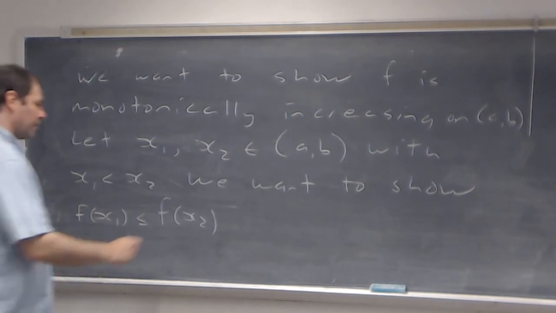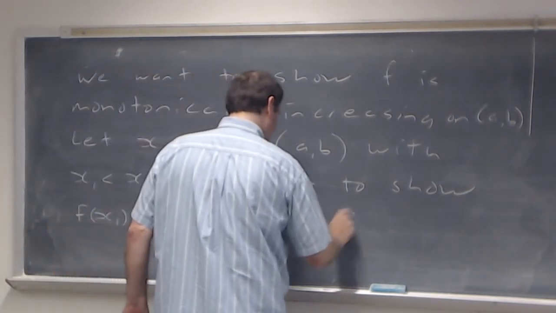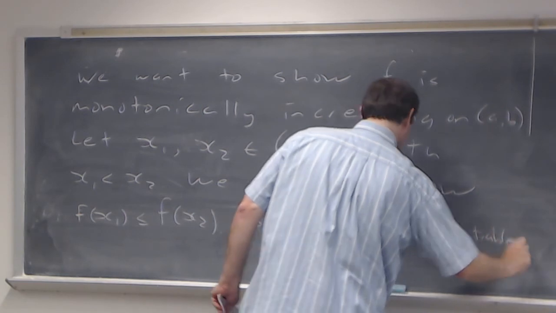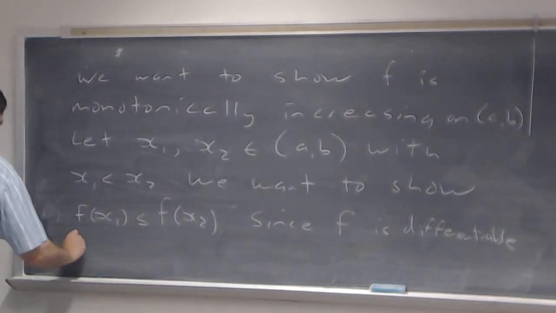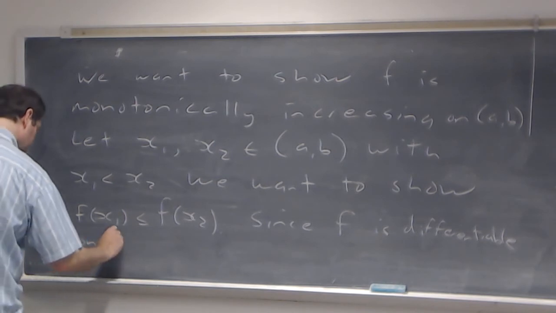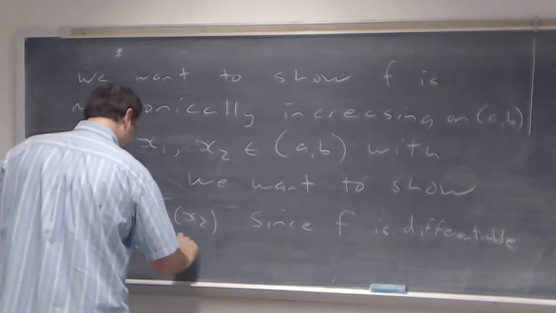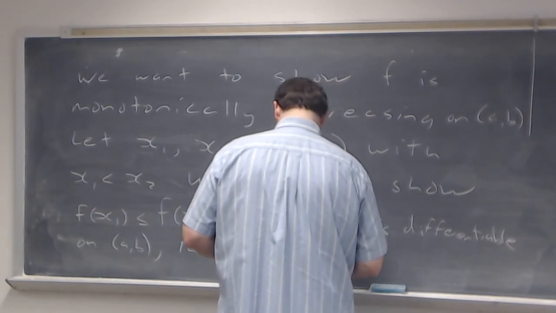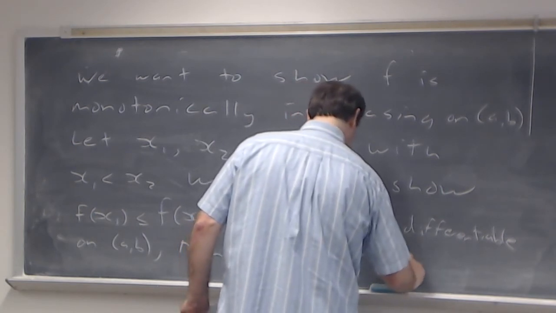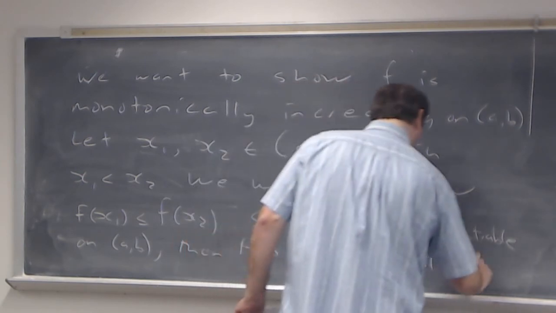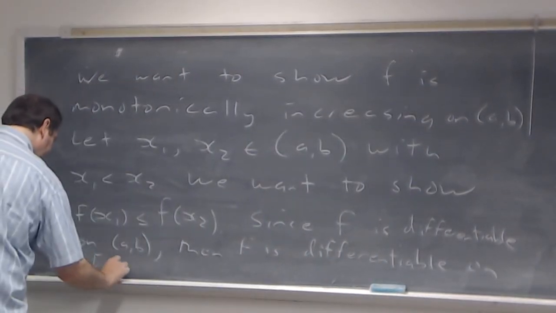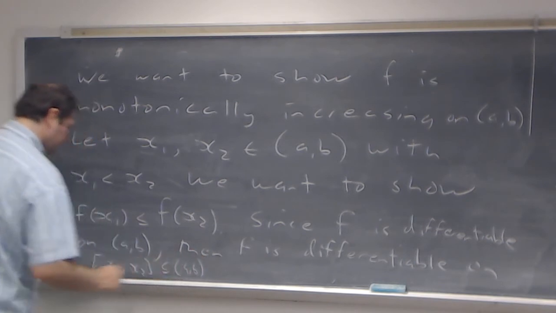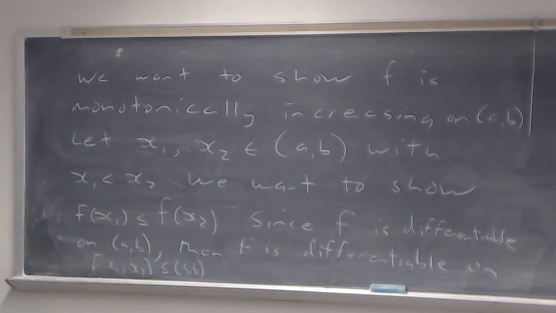Okay? Now, the thing we're going to turn to first is that since f is differentiable on A to B, then f is differentiable on the closed interval from x of 1 to x of 2, which of course is contained in A to B. Okay?